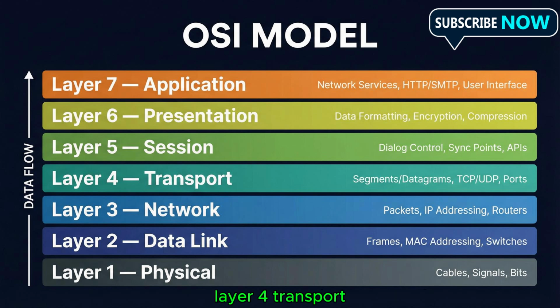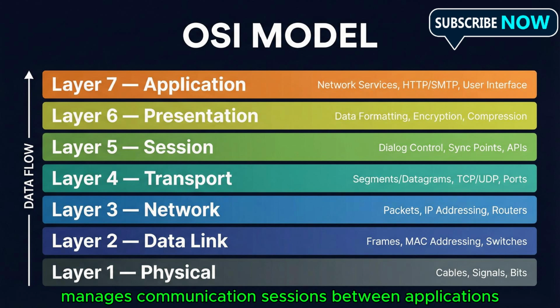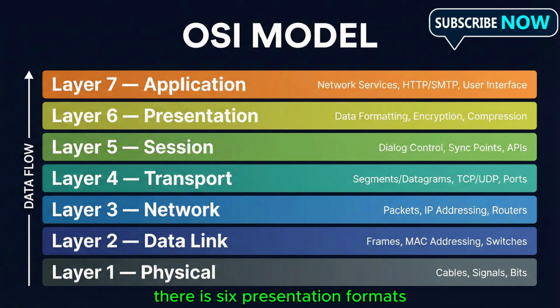Layer 4 transport ensures reliable end-to-end delivery using TCP or UDP. Layer 5 session manages communication sessions between applications. Layer 6 presentation formats, compresses, and encrypts data. Layer 7 application provides the interface for user-facing network services.